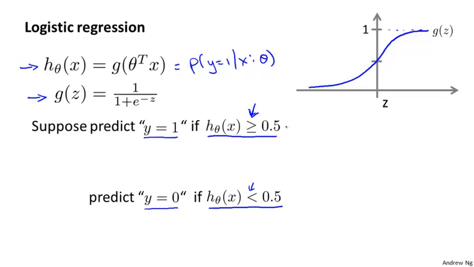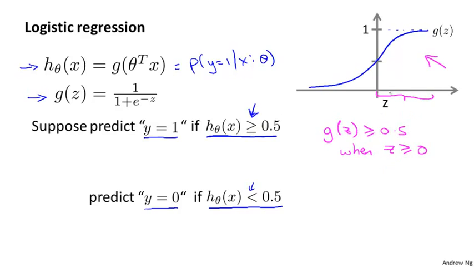What I want to do is understand better when is it exactly that h of x will be greater than or equal to 0.5, so that we'll end up predicting y is equal to 1. If we look at this plot of the sigmoid function, we'll notice that the sigmoid function, g of z, is greater than or equal to 0.5 whenever z is greater than or equal to 0.